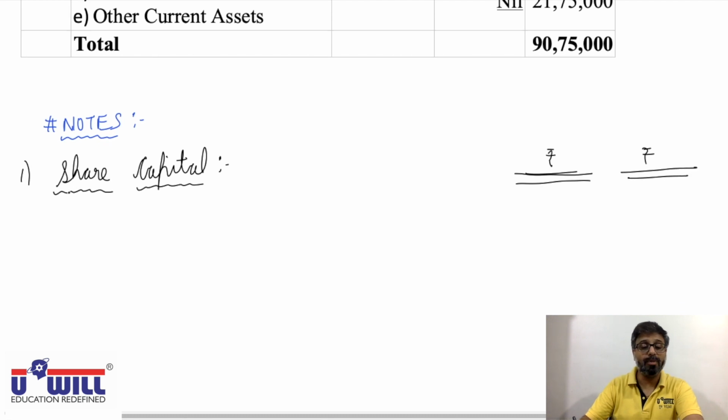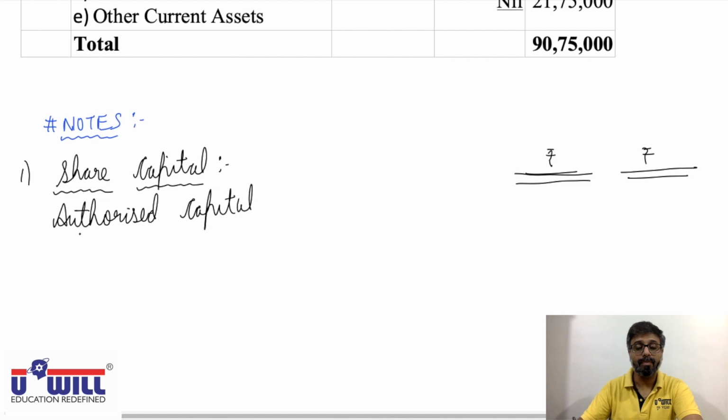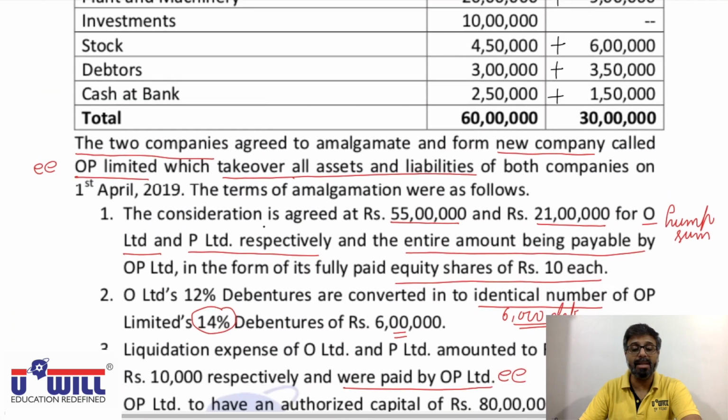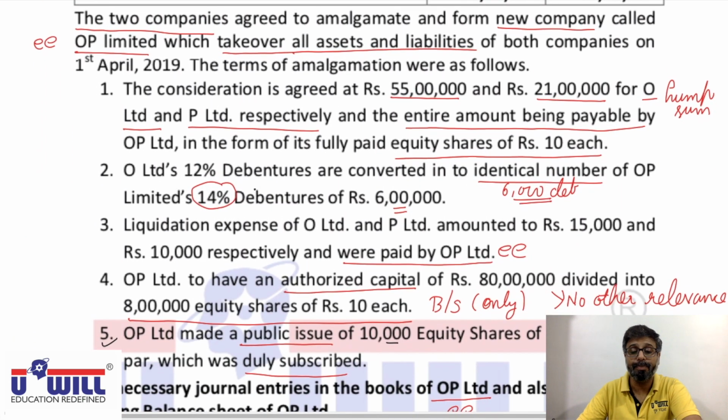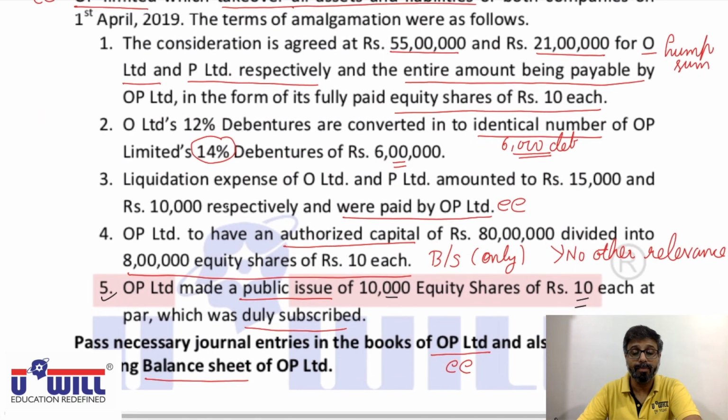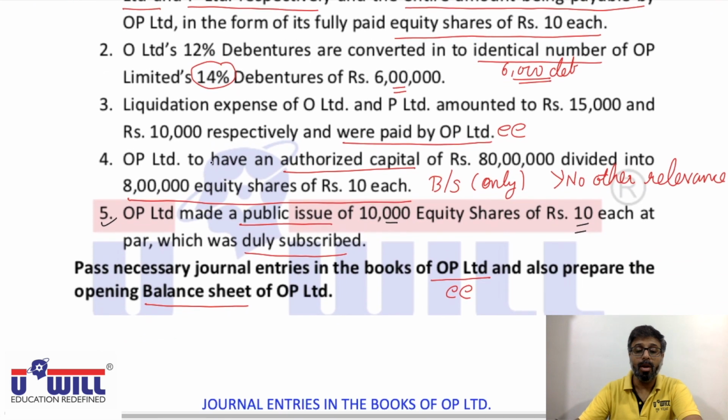Now in that, first we will write authorized capital. All of you can see authorized capital is given in adjustment number 4. I told you OP Limited has an authorized capital of rupees 80 lakhs divided into 8 lakh equity shares of 10 each.